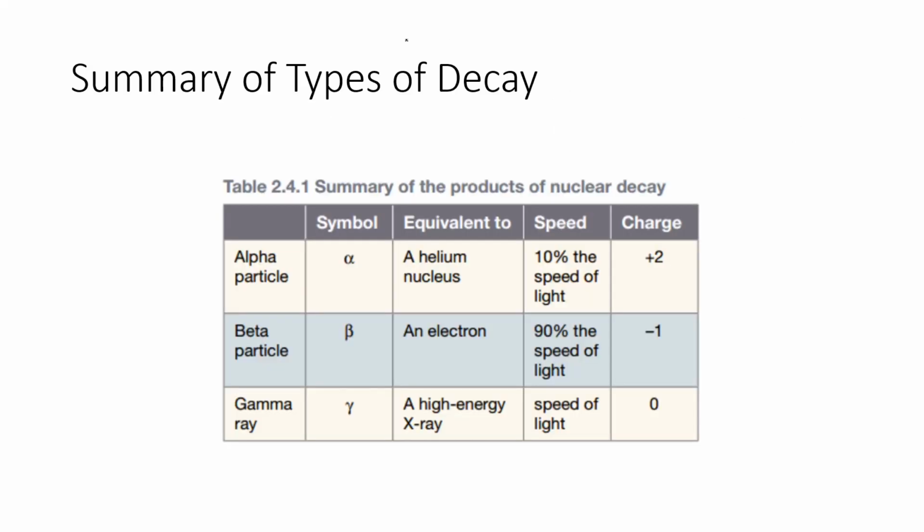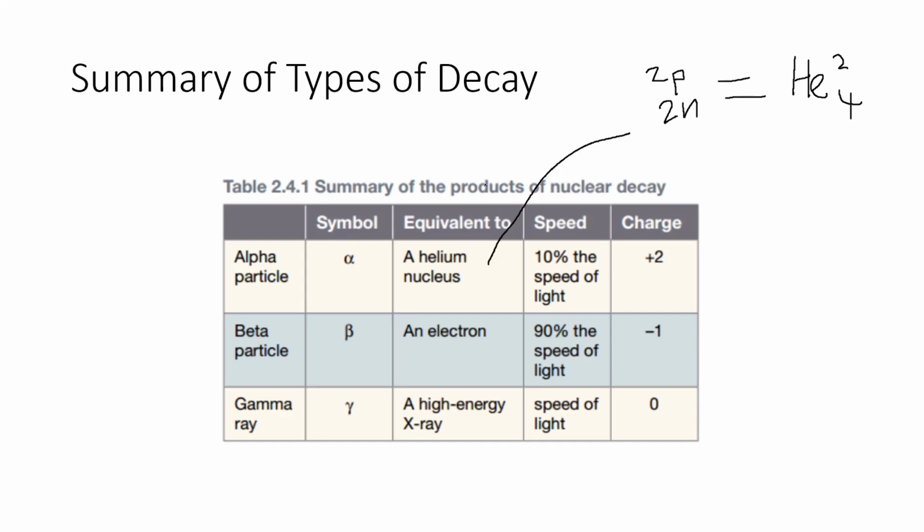Let's have a look at another summary. This one's straight from your textbook. Summing it all up, an alpha particle has the Greek symbol alpha. It releases something equivalent to a helium nucleus. Now, I didn't talk about that. The 2 protons and 2 neutrons is the exact same as the atom helium, which has 2 protons and 2 neutrons, making its mass 4.